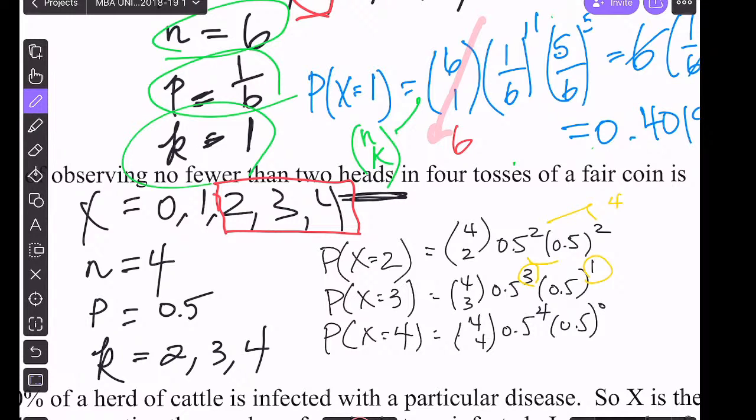So punch those in or work with those? So 4 choose 2.